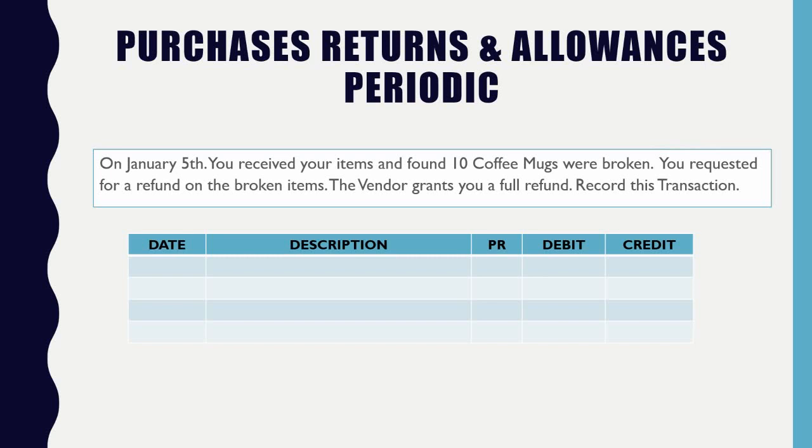So again, as a retailer, you can't sell broken items, and you paid for 100 of them, and 10 of them end up breaking due to shipment. So that's not fair to you as a customer who's trying to sell these products out. So you can request your vendor to give you a vendor credit or a return, in this case, a refund. Because of their company store policy, they decided to give you a full refund for the broken items. So once again, how do you calculate that? Here's the rule of thumb, right?